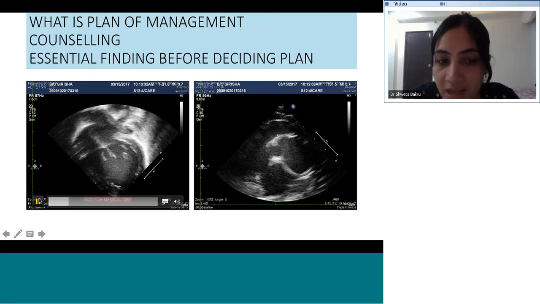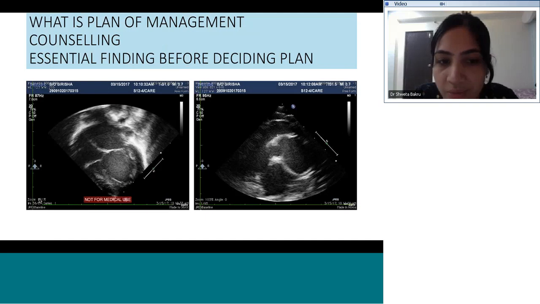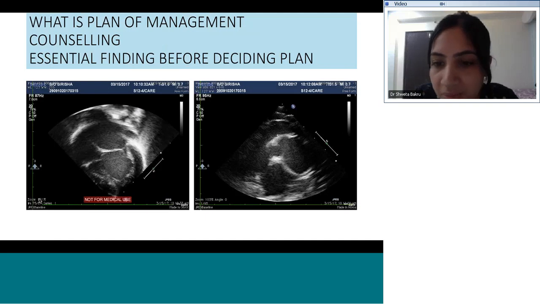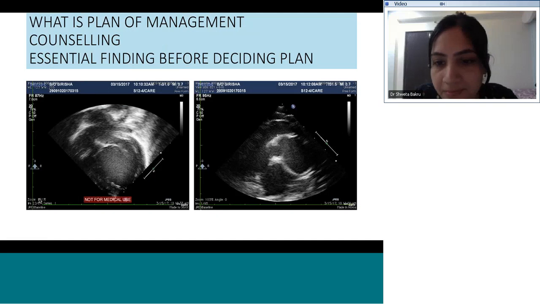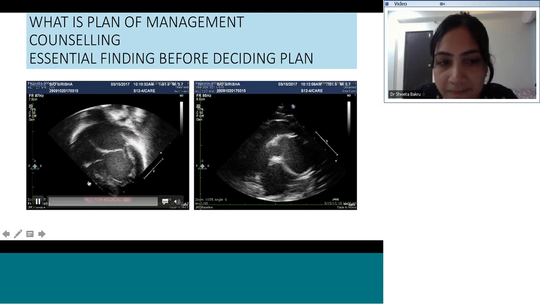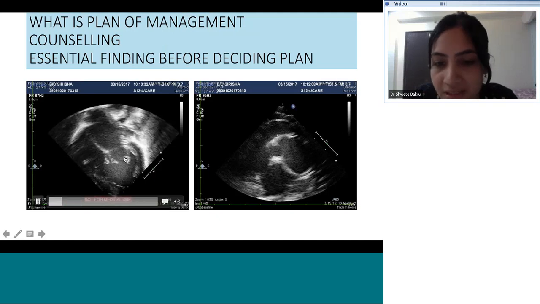Again, this is a 4-chamber view. Does it confirm your diagnosis? Identify this.